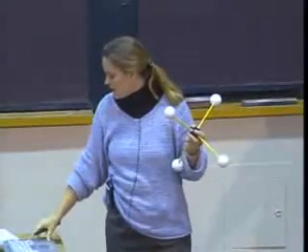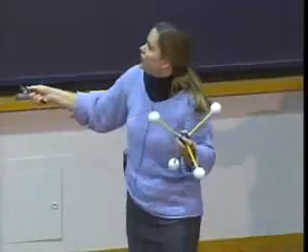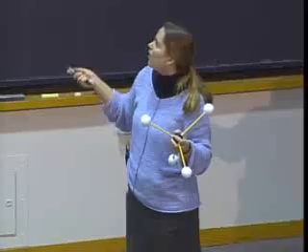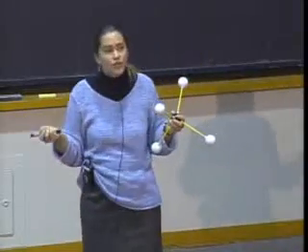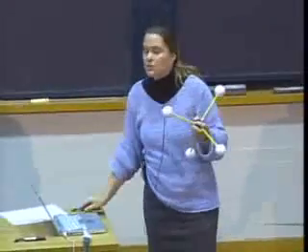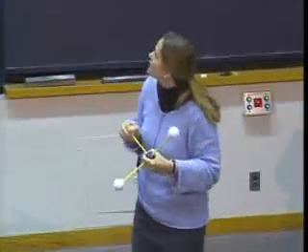So what does this mean? Well, it means that a lot of tetrahedral complexes, because the splitting energy is small, are called high spin. And we talked about this last Monday, that in high spin, you have the maximum number of unpaired electrons.